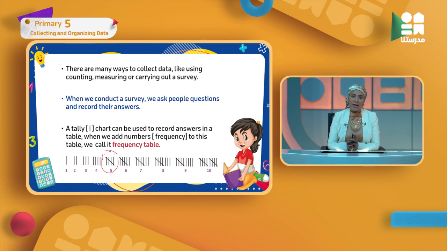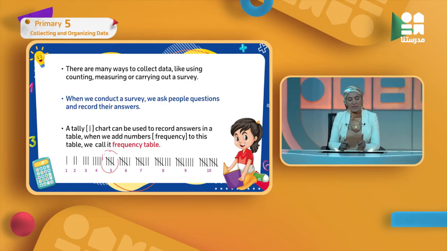So this means that I have a bundle of 5 tallies. After that, when I use the numbers 6, 7, 8, 9, I use the bundle of 5 tallies and add to it each time according to how many more tallies I have after the fifth one. At 6, I put only 1 more, at 7 I put 2, at 8 I add 3, at 9 I add 4, and at 10 tallies I make another bundle of 5 tallies.